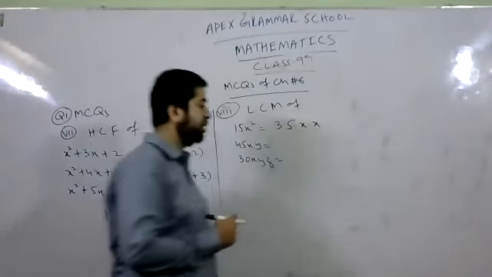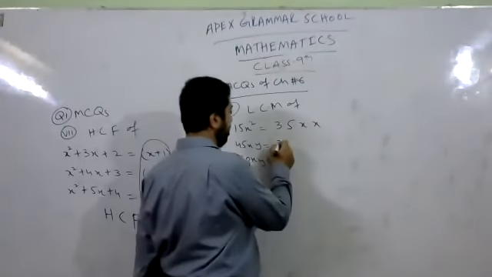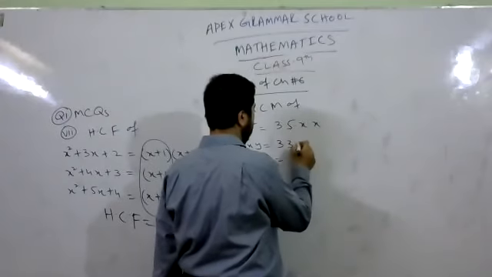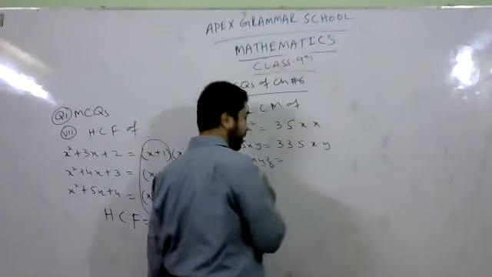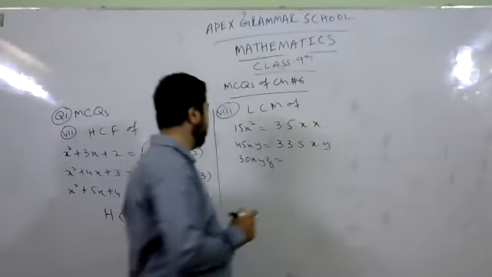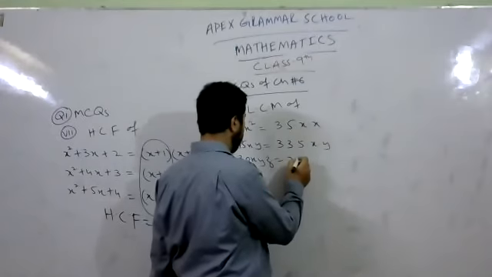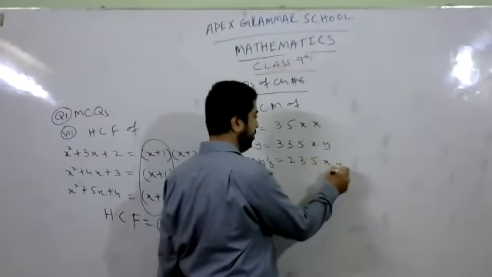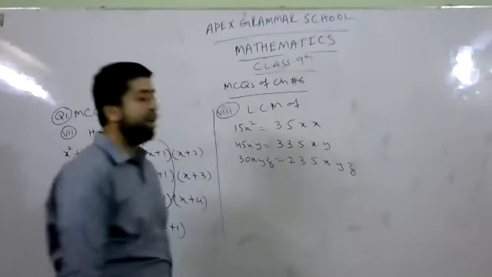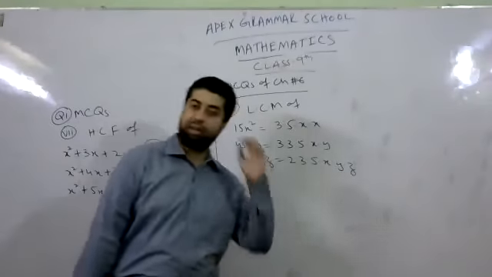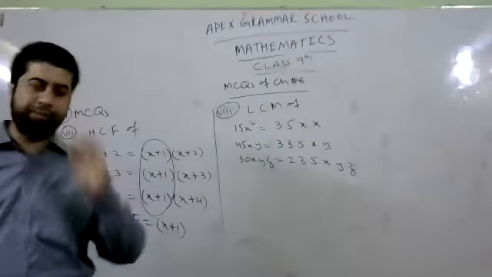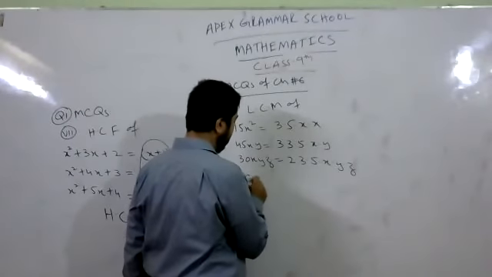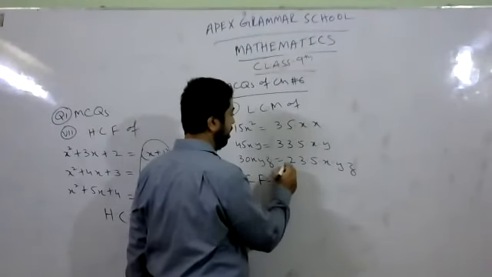And 45xy is 3 multiplied by 3 multiplied by 5 multiplied by x multiplied by y. And 30xyz is 2 multiplied by 3 multiplied by 5 multiplied by x multiplied by y multiplied by z. Now we need to find the LCM, not HCF. For LCM, we need common factors.